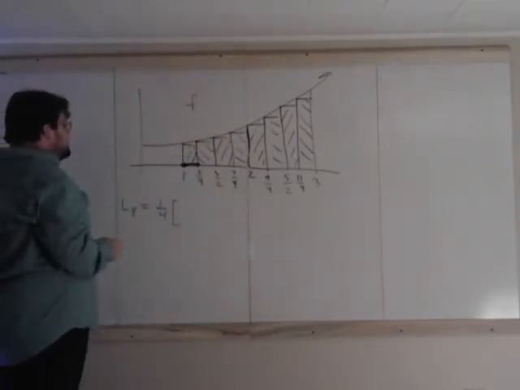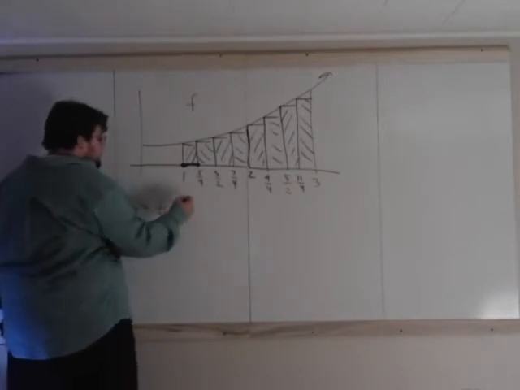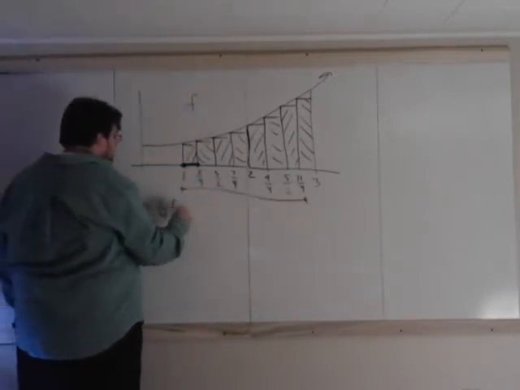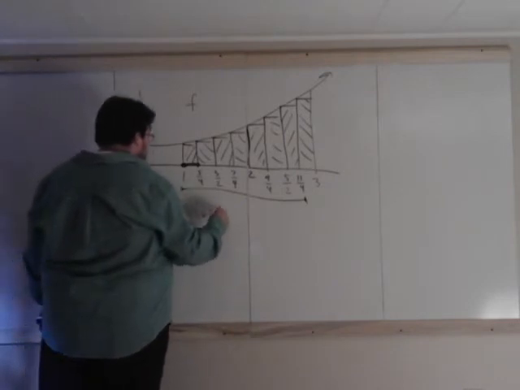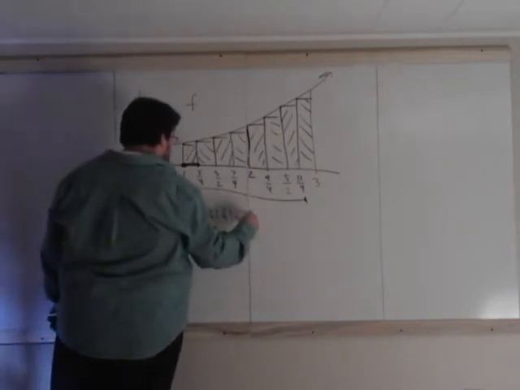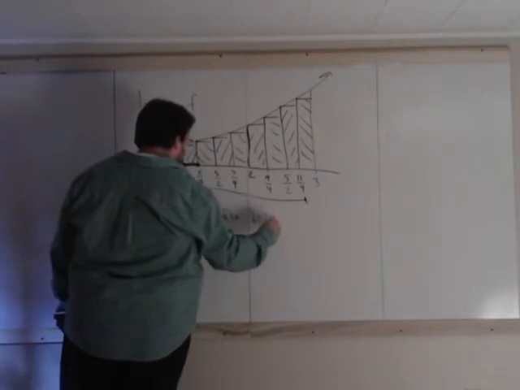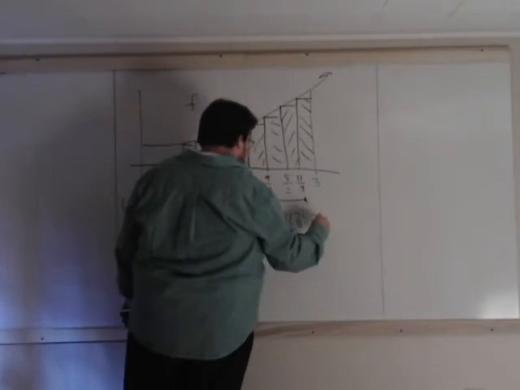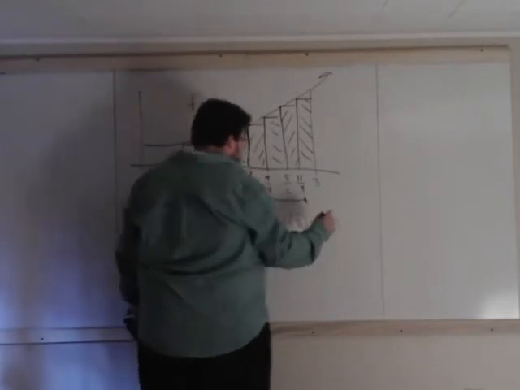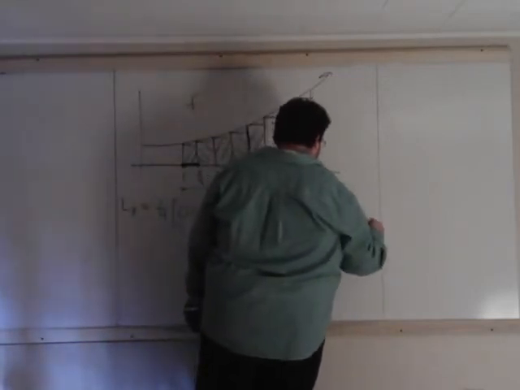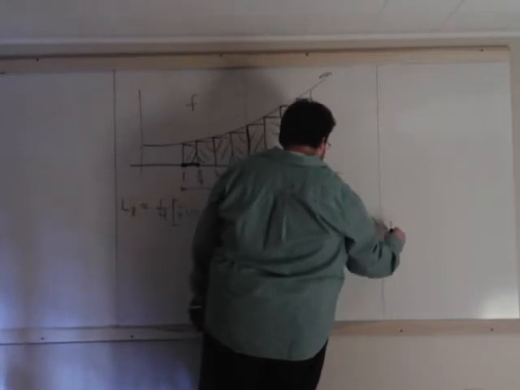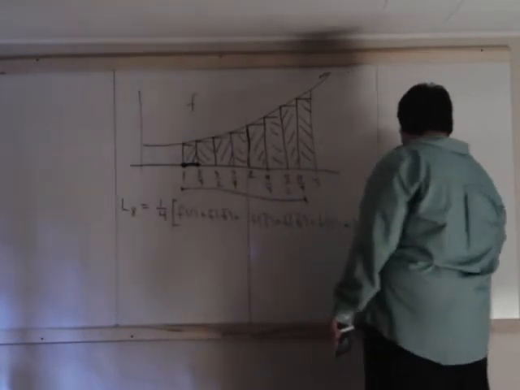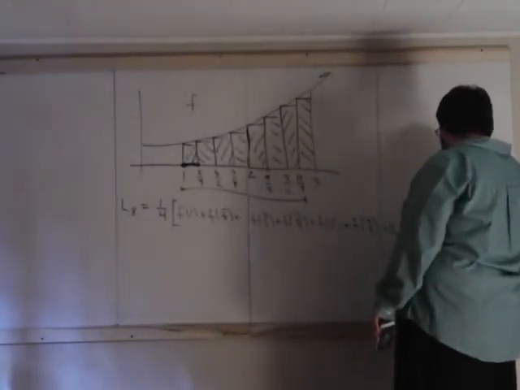But here we want the approximations, and we want the left endpoints, which will be these endpoints, and we just have to add them all up. f of 1 plus f of 5 quarters plus f of 3 halves plus f of 7 quarters plus f of 2 plus f of 9 quarters plus f of 5 halves plus f of 11 quarters.